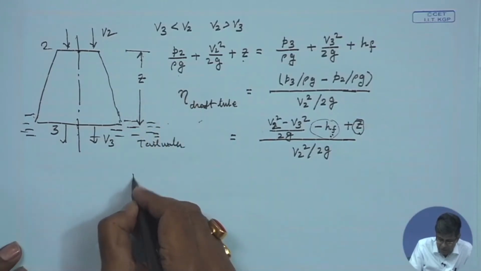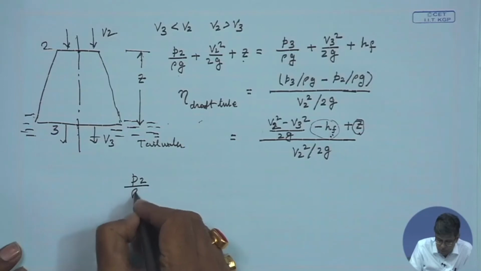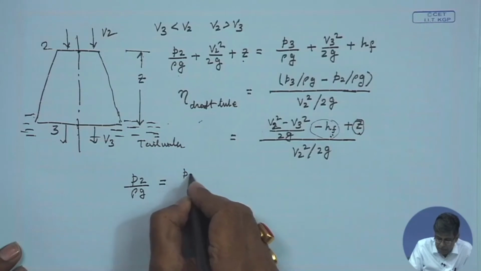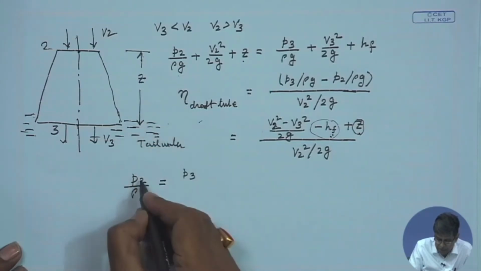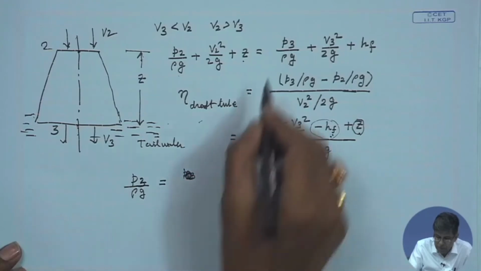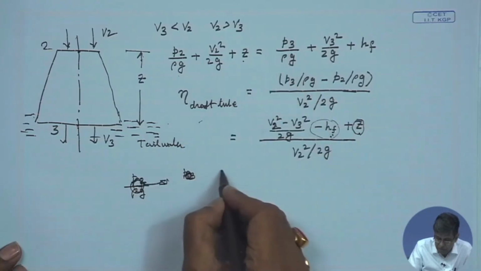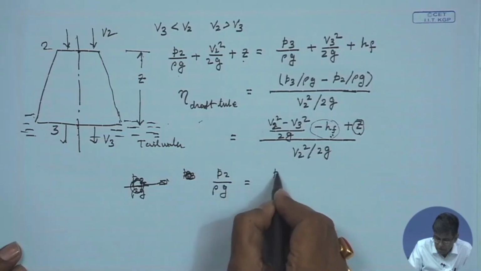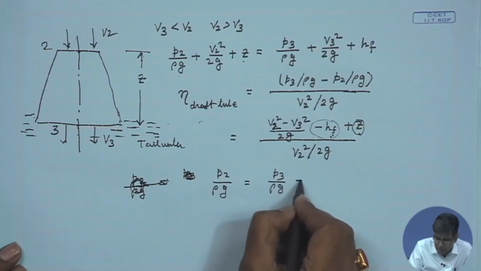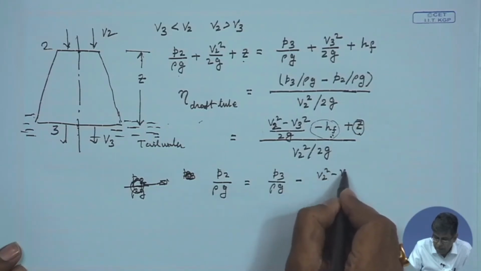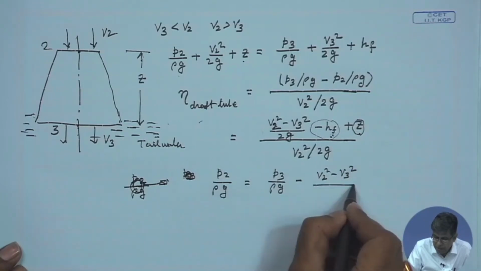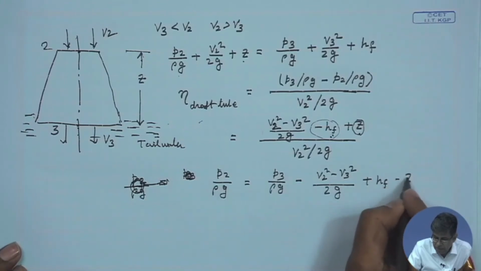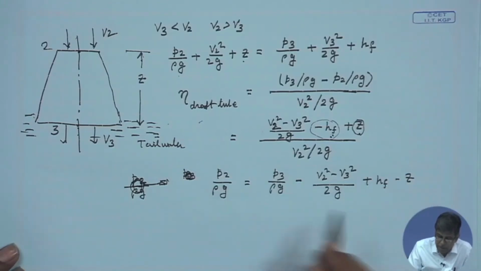And again I tell you that P2 by rho g is equal to P3 by rho g minus V2 square minus V3 square by 2g, V2 is greater than V3, plus Hf minus Z. This is P2 by rho g.